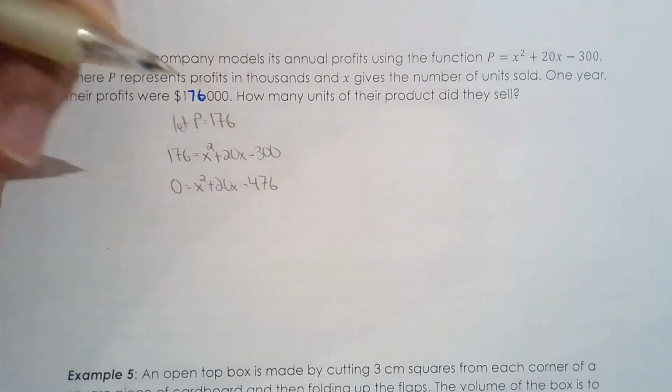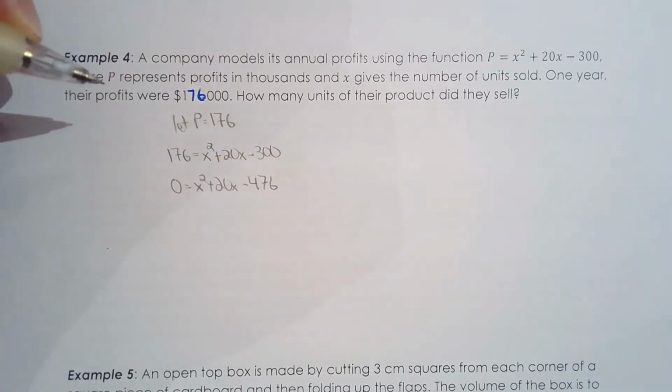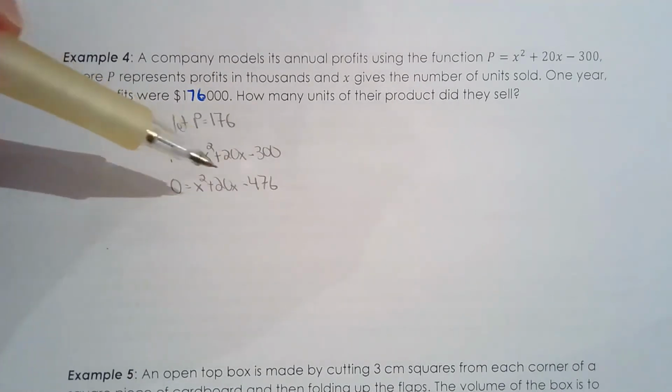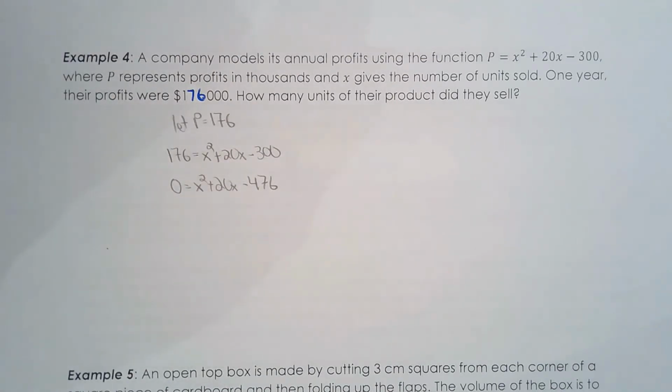I see a simple trinomial. Is this factorable? If you don't know whether it's factorable or not, or you can't factor it because you don't know two numbers that multiply to negative 476 and add to 20, then you know what? Just take out the quadratic formula. I'm a little stubborn. I think it is factorable, so I'm just going to quickly run through the numbers.